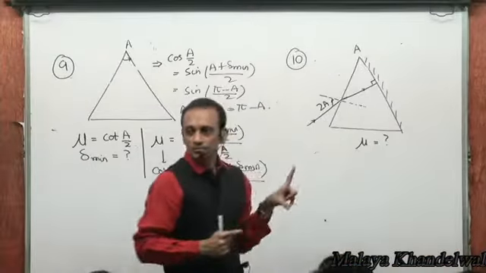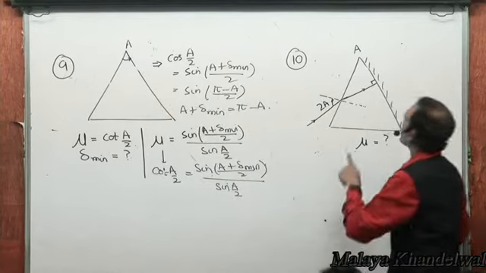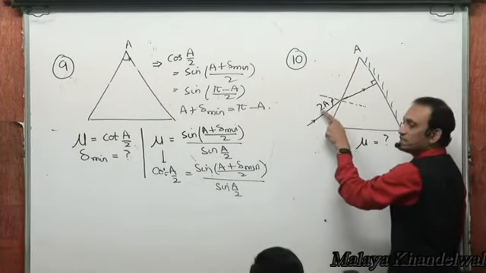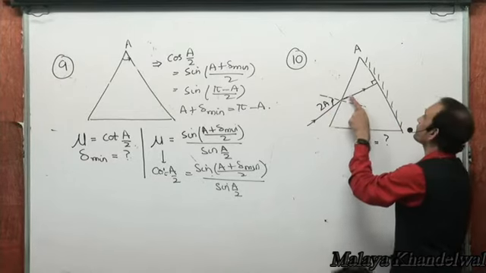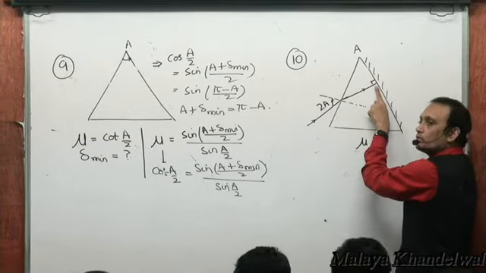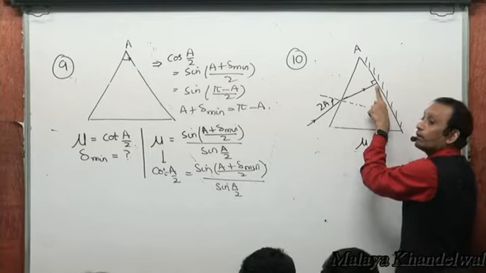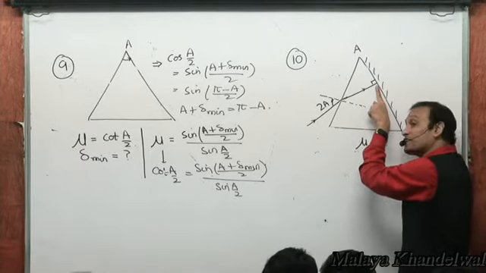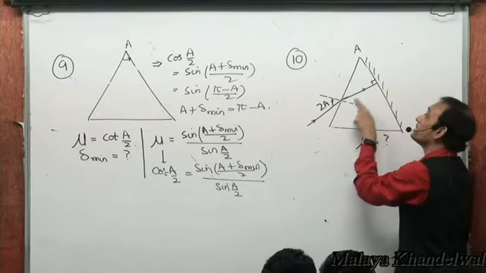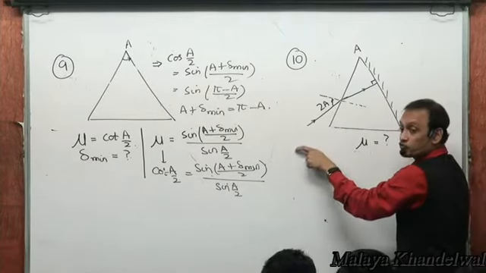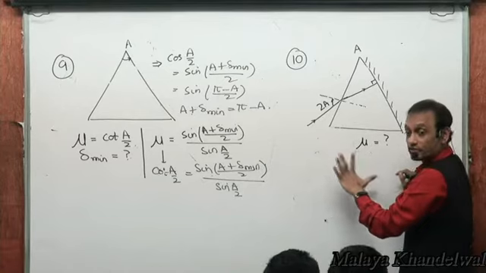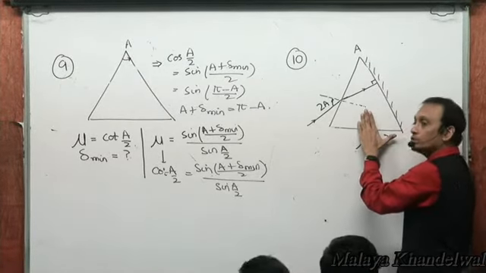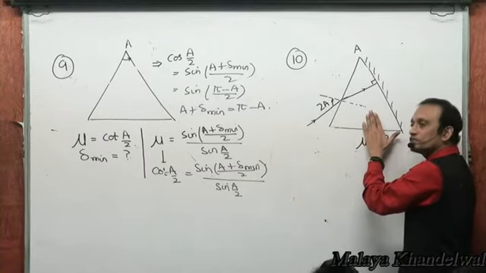The next problem is about a prism of angle A. There is a ray of light incident at an angle 2A, which hits the mirrored face and retraces its path. That means it must hit the mirrored face normal to the mirrored face, so that it could reverse its trajectory, right? We want to be able to find the mu of the material of which the prism is made.